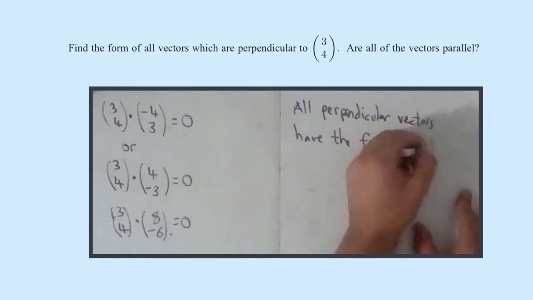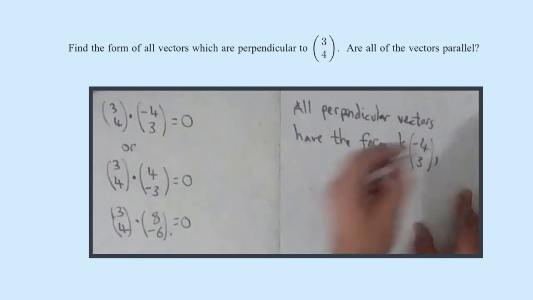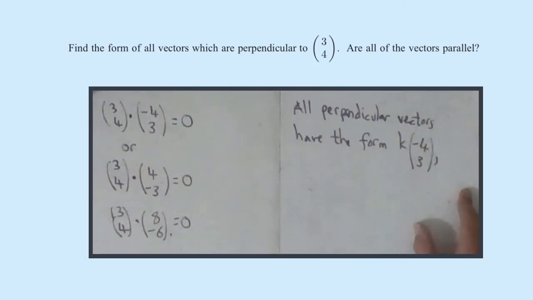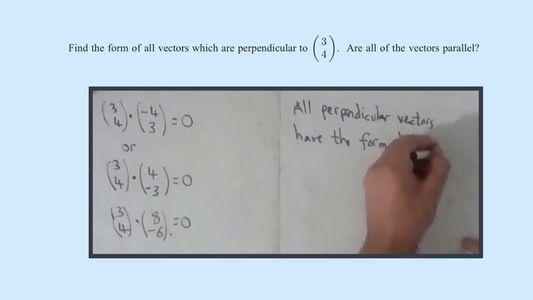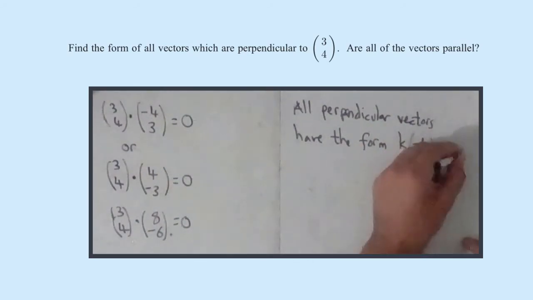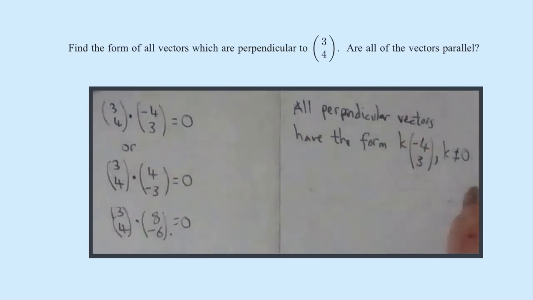I can really write either of these, so I'll use the first one. And the only thing k cannot be is 0, because if k is 0, then you don't have another vector. There's nothing to say that it's perpendicular.